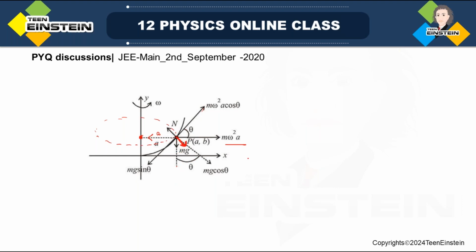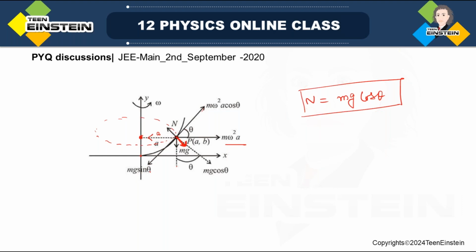So mg will have a component. Here the forces balance, since it is staying here, so all forces should be balanced. mg cos theta is balanced by the normal force given by the wire. Now mg has a sin theta component along this direction, which may pull it down.